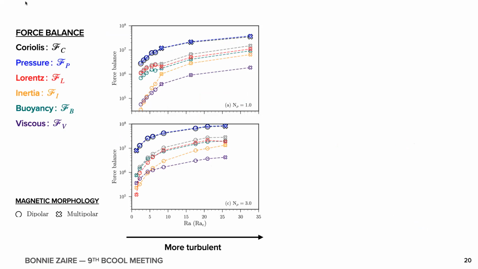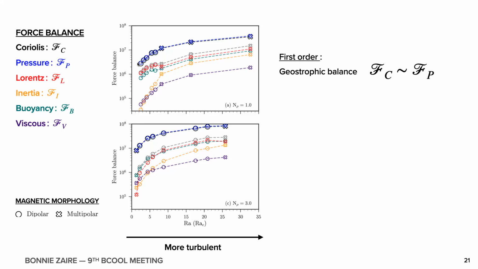As you can see, each of the forces is in different colors that follow this color scale here. And we can also see the magnetic morphology, which for each run appears here as multipolar or dipolar. The first thing we can notice in this graph is that we have at first order a geostrophic balance.